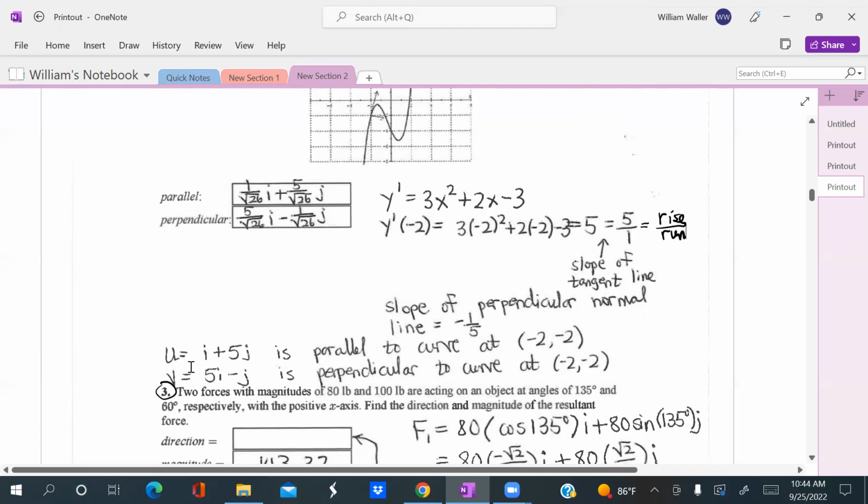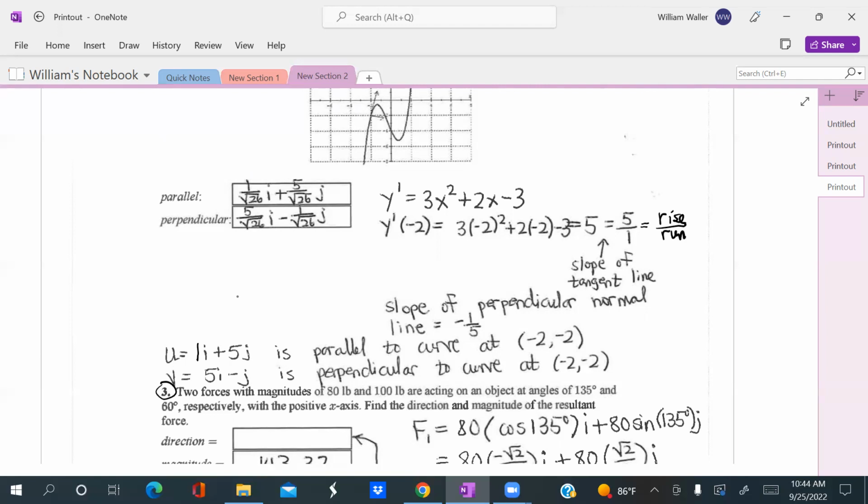So the horizontal component of 1 would be 1 times i, or just i, and a vertical component of 5 would be 5 times j. So this vector i plus 5j is parallel to the curve at this point, (-2, -2).